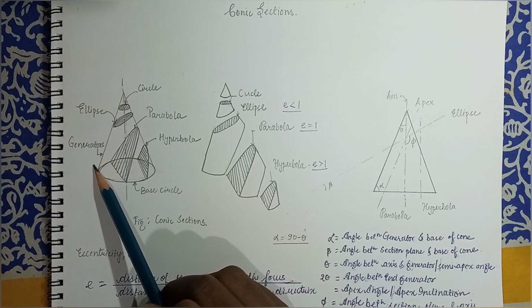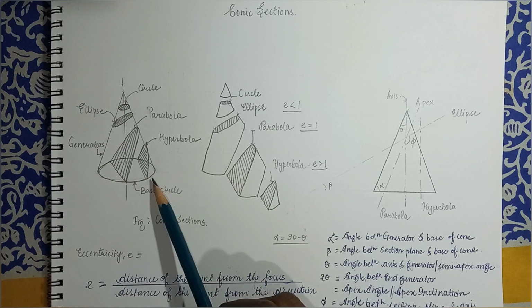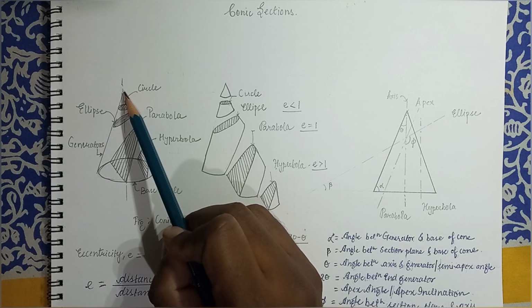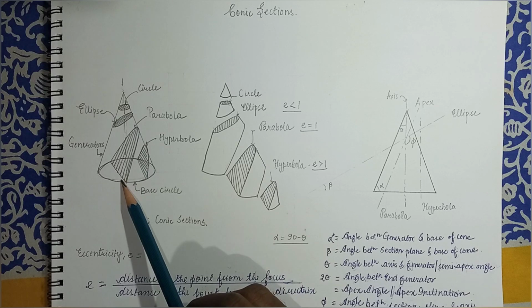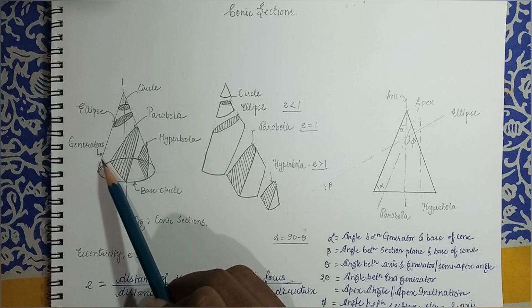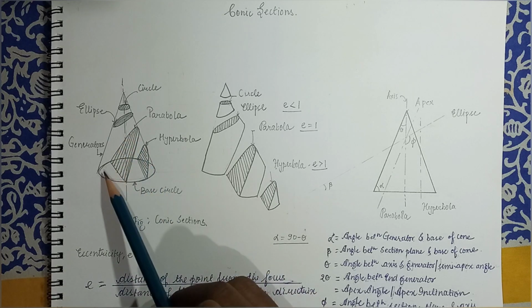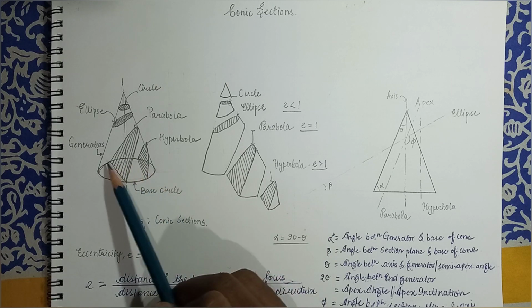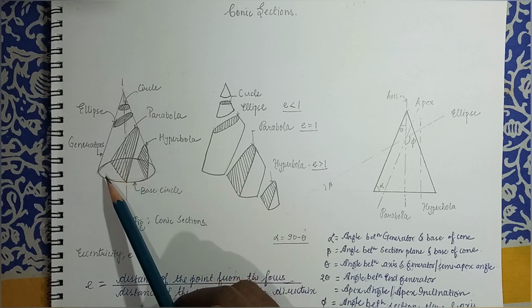These are called generators. A cone has infinite generators. This is the apex. Apex and the base circle are connected with generators. So you have got imaginary lines over here, infinite number of generators.